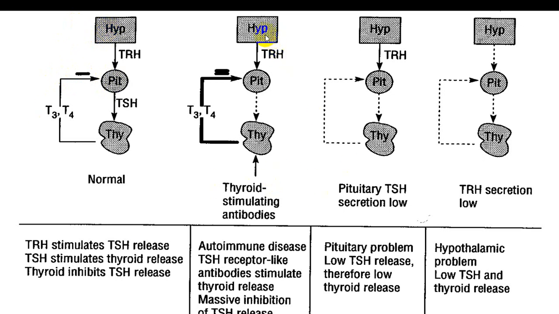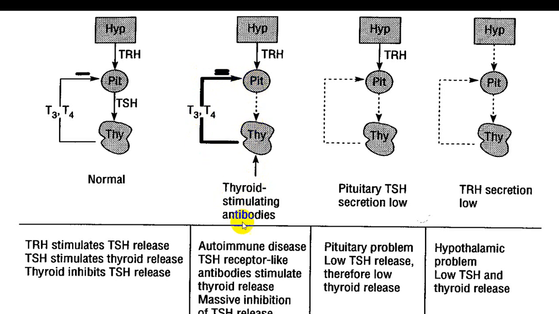Now, if the hypothalamus secretes TRH, but there is a defect in the pituitary gland, so TSH is not secreted, then thyroid stimulating antibody will directly stimulate the thyroid gland to secrete T3 T4, which will inhibit the pituitary gland, and the pituitary gland now cannot secrete TSH.